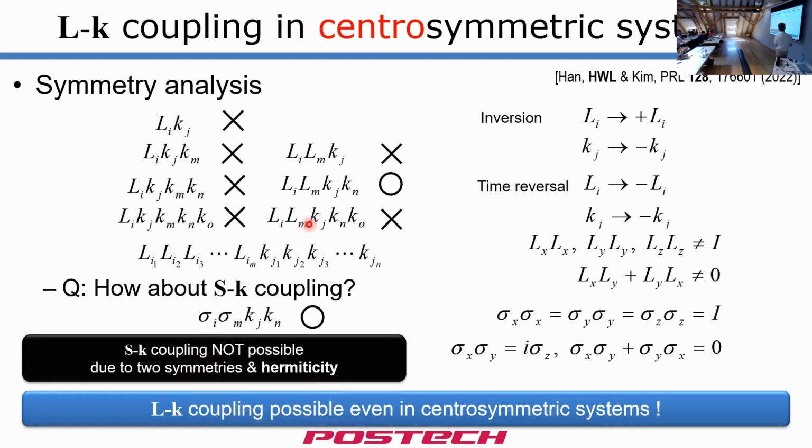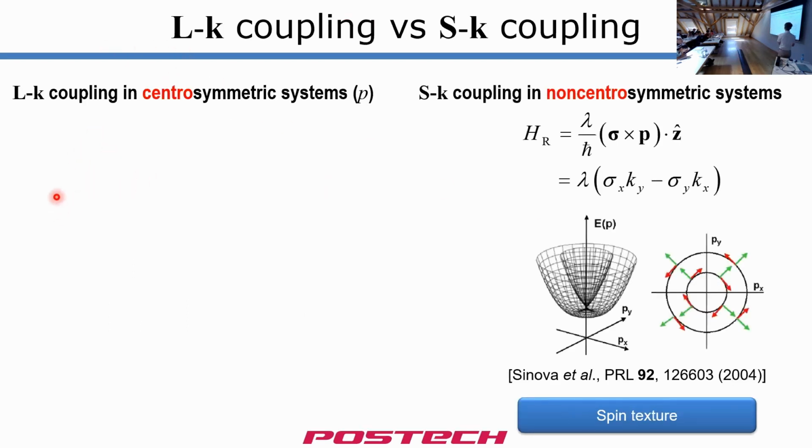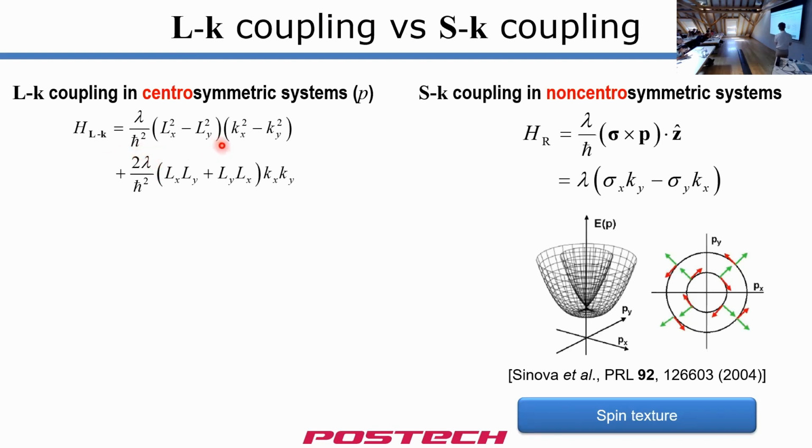Whereas orbital crystal momentum coupling has this kind of coupling with a Hermitian part, because Lx times Ly plus Ly times Lx is Hermitian and is non-zero in general. So LK coupling is possible. Let me write down just one example. Suppose we have this kind of coupling between crystal momentum and orbital angular momentum, second order in crystal momentum and second order in orbital angular momentum.